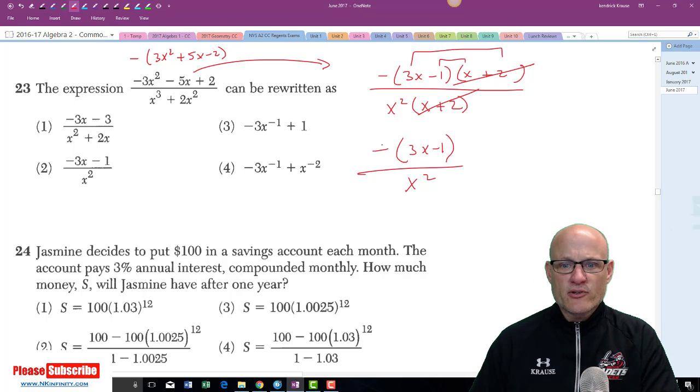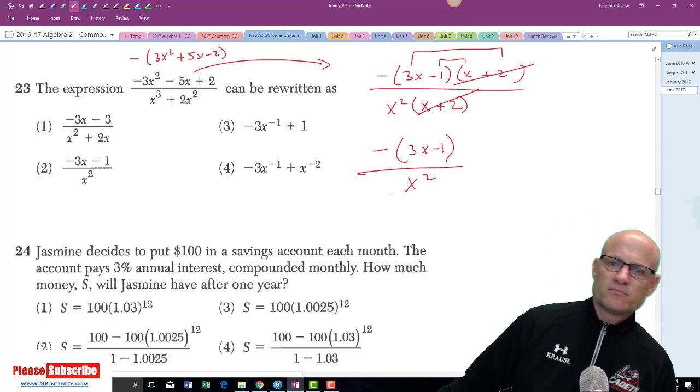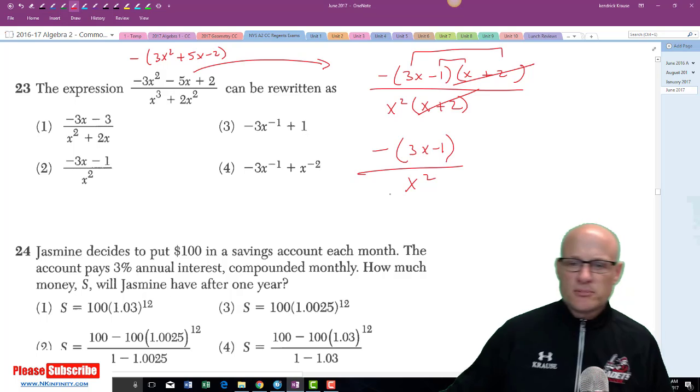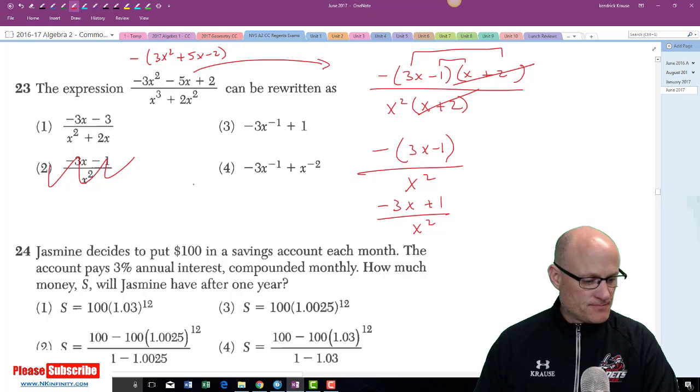If I distribute this negative, it's really negative 3x plus 1 over x squared, which is not this one.